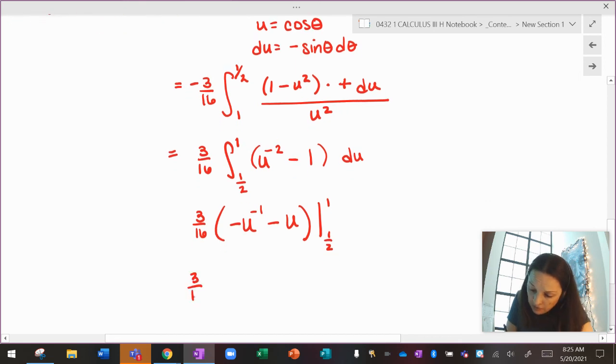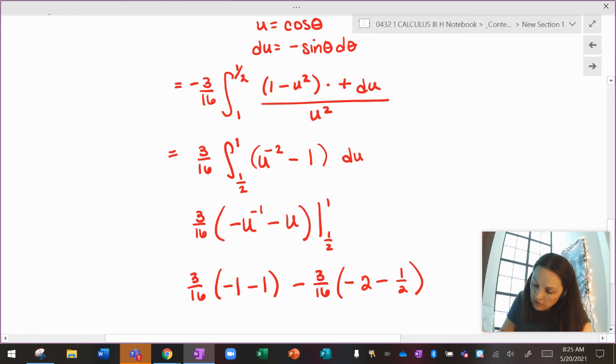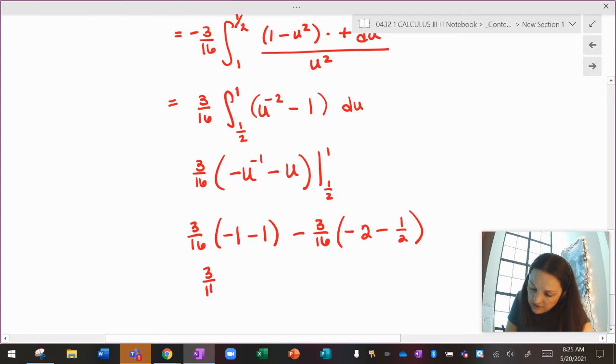So this is going to be 3/16 negative 1 minus 1 minus 3/16 negative 2 minus a half, which is 3/16 times negative 2 minus 3/16. Let's see, negative 2.5, which would be negative 5 halves. So I'll make that a plus.